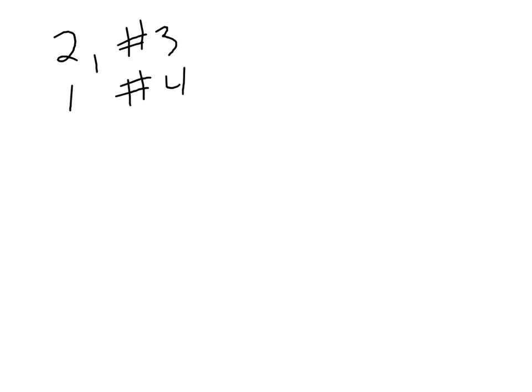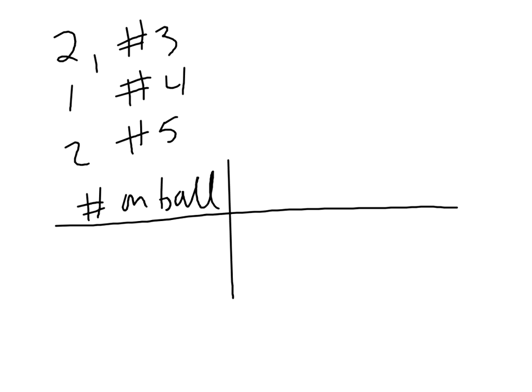And there are 2 balls that are numbered 5. So we could set up a little probability distribution where we have the number on the ball, and then we have the probability of each one.